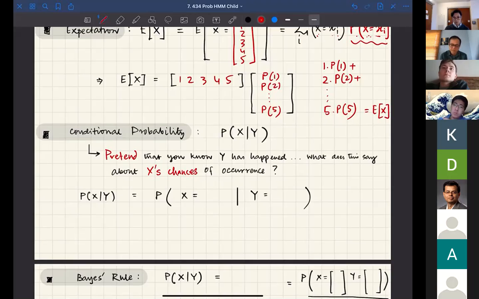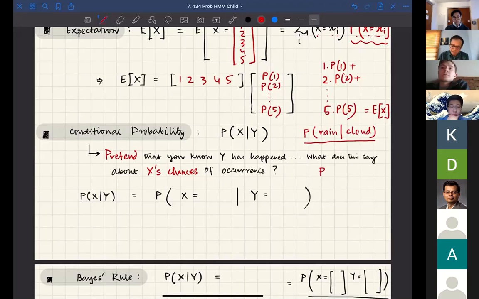So for instance, probability of rain given cloud. I do not know if cloud has happened, but I'm going to assume it is cloudy, what is the probability it will rain? I can reason about this kind of thing.